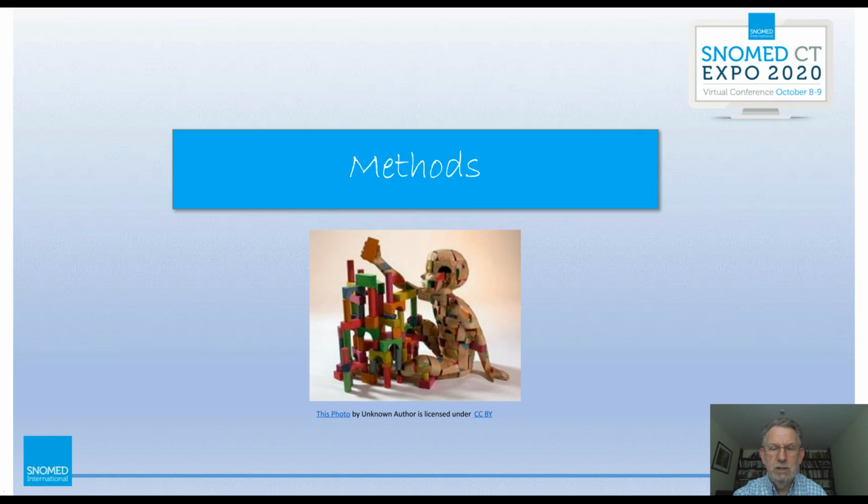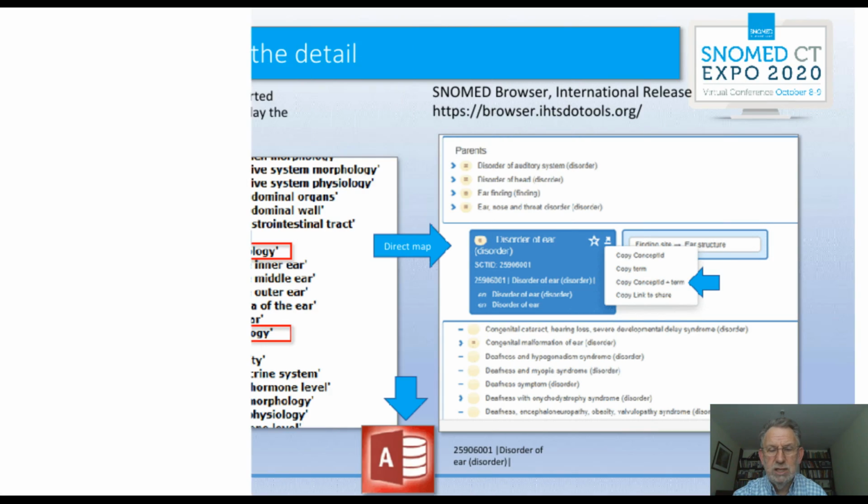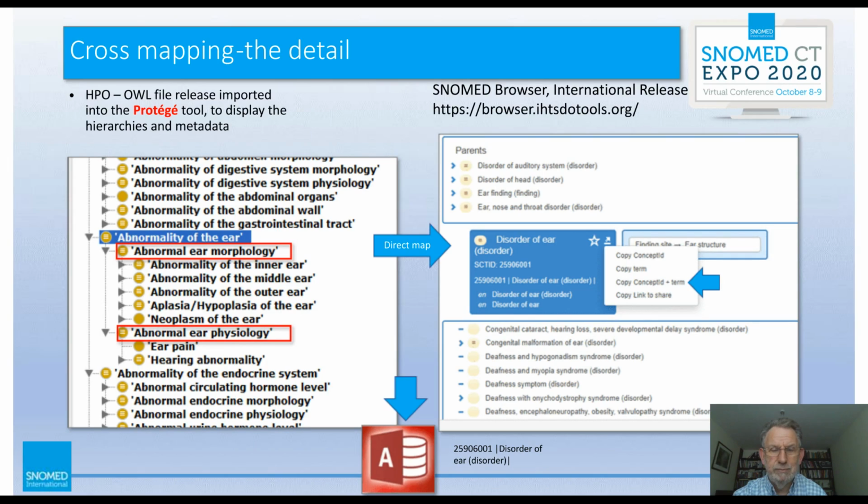Okay, let's look at the methods, which were direct, manual, and relatively simple. On the left, we have the Protégé tool, which many of you may be familiar with. You can load the OWL file directly from the website for HPO, and this shows the hierarchy quite nicely on the left. On the right-hand side, we have the SNOMED International browser displaying the international edition.